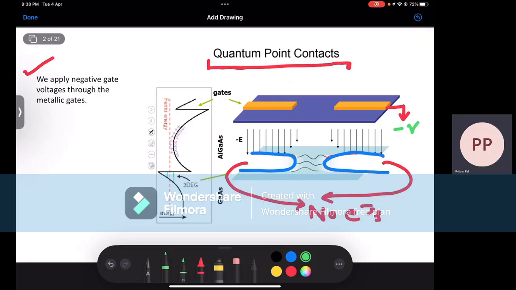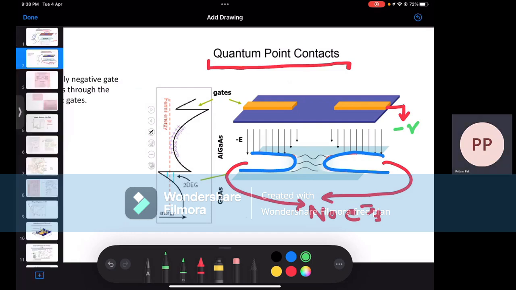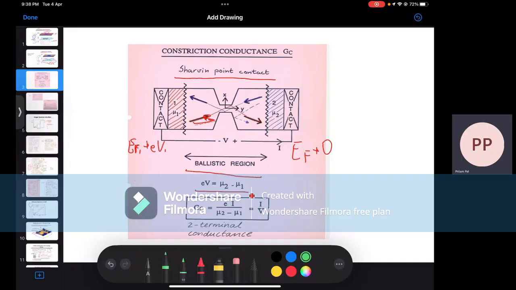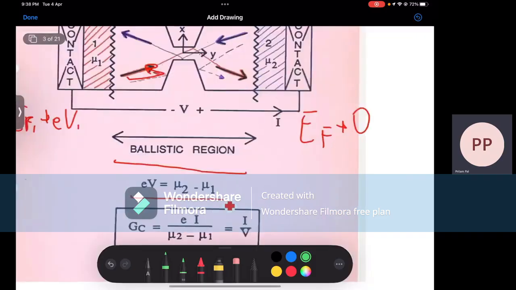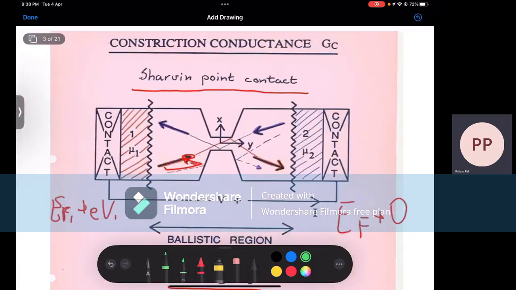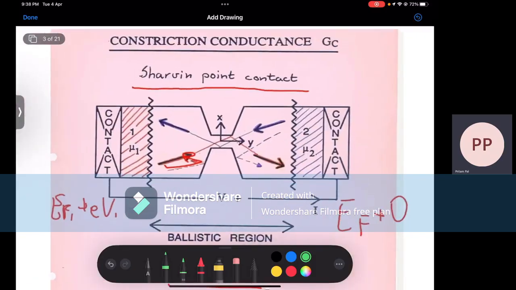We can also, in principle, change the length. So it's a fully controlled system based on 2DEG. Now I'll move to the next slide. All right.